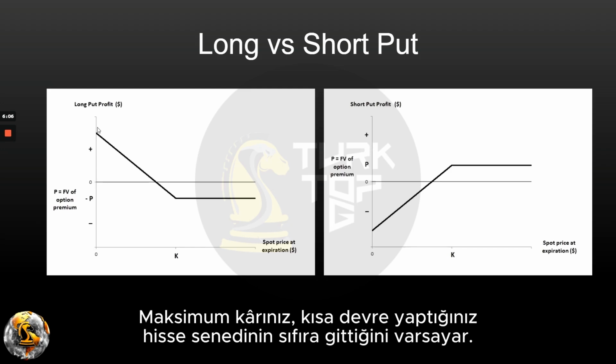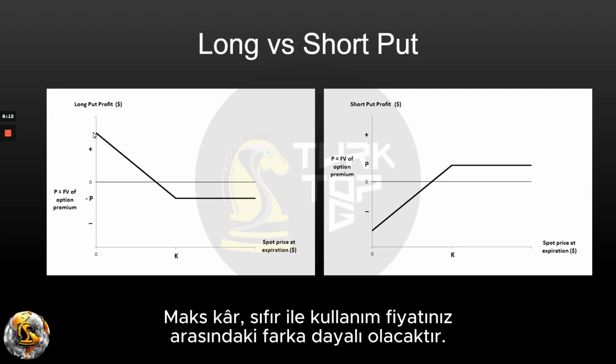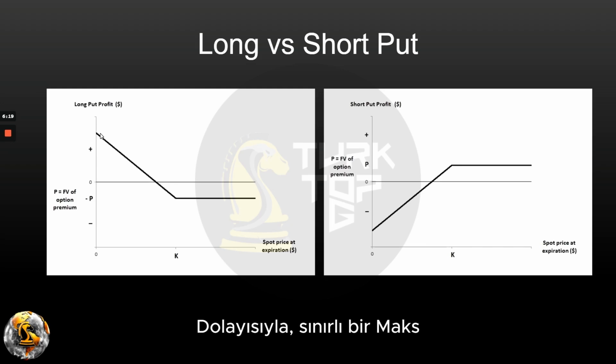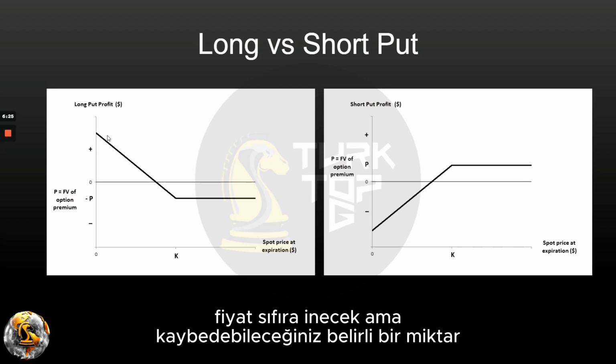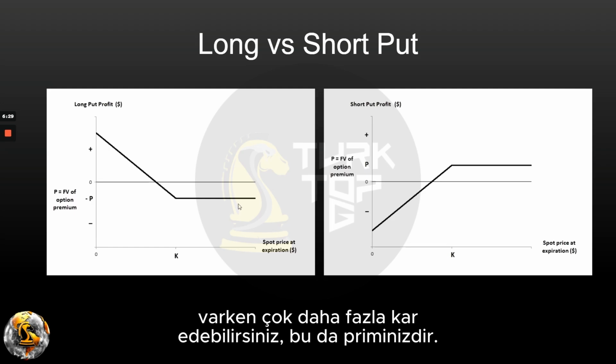Your max profit, though, is assuming that the stock goes to zero: it will be based on the difference between zero and your strike price. So you have a capped max profit, and obviously it's not realistic to assume that the stock price will go to zero, but you can profit a lot more while you have a specific amount you can lose, that's your premium.